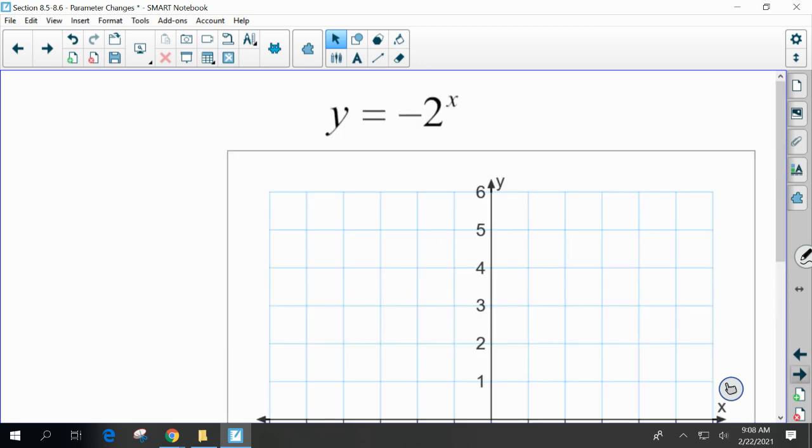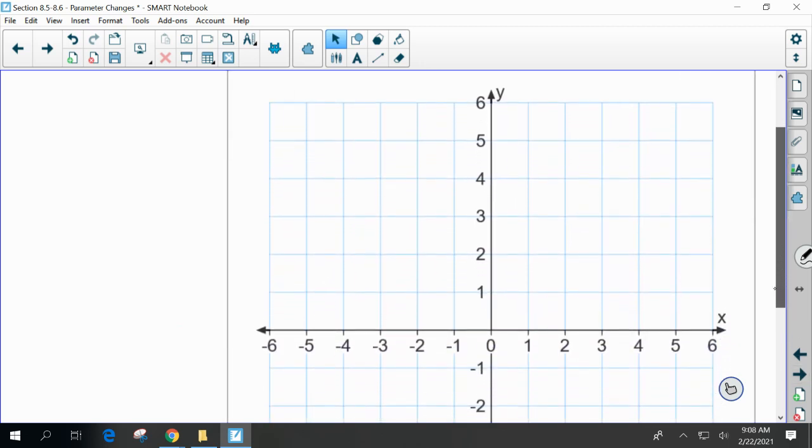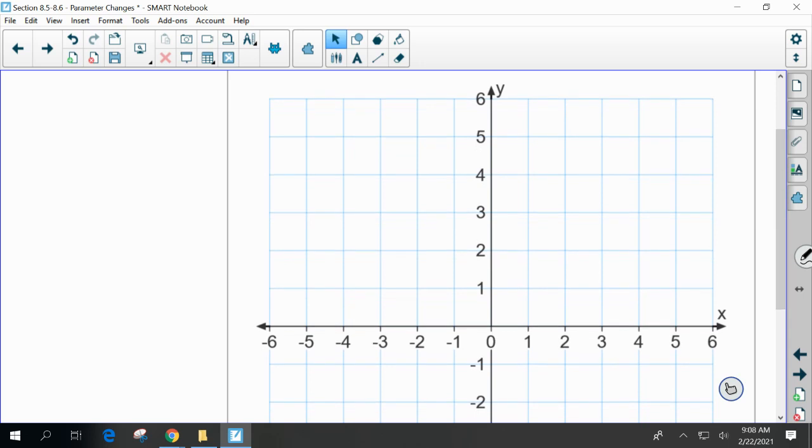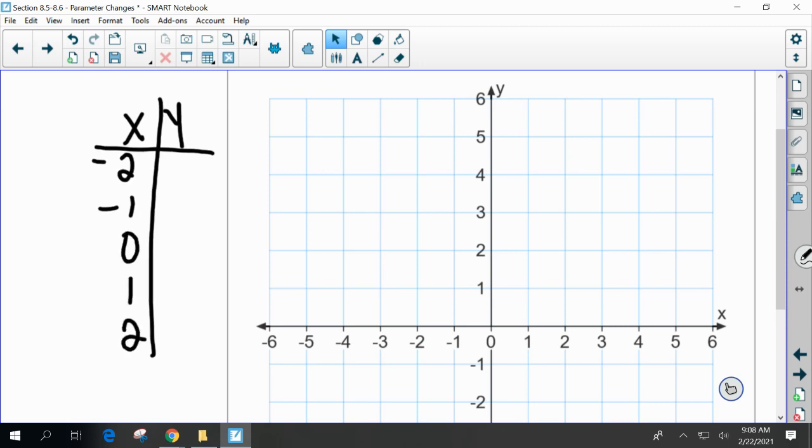Okay, so now let's look at -2 to the x power. We're still using that same XY chart, except this time we're gonna make all of our y values negative. So, -0.5.